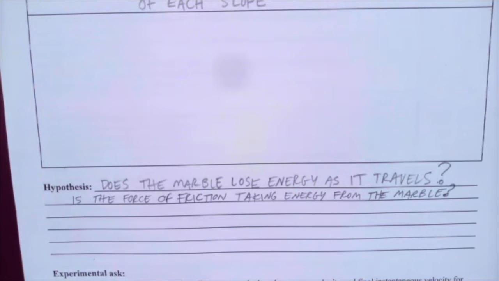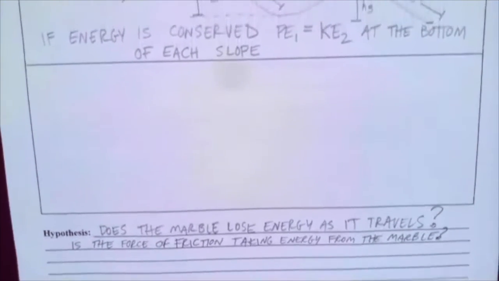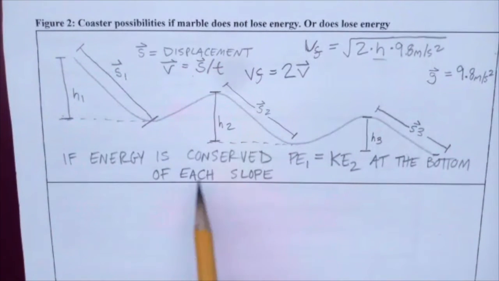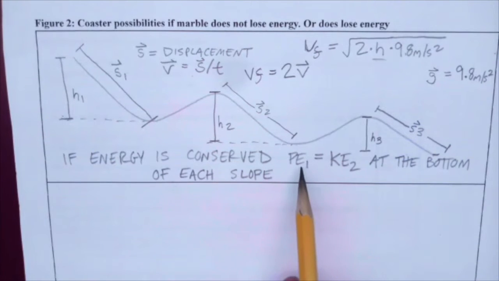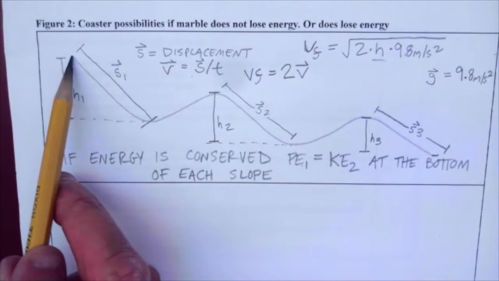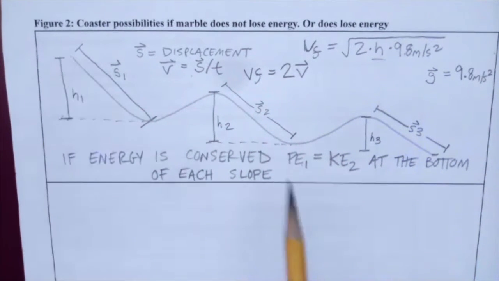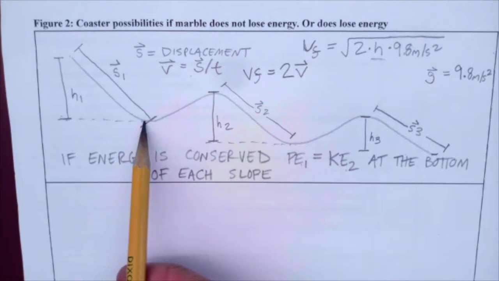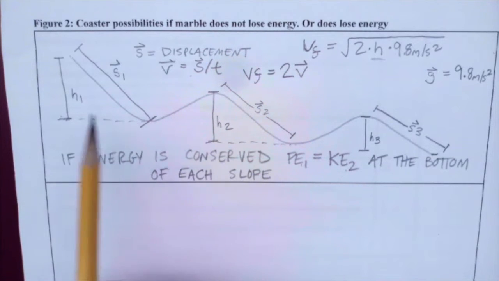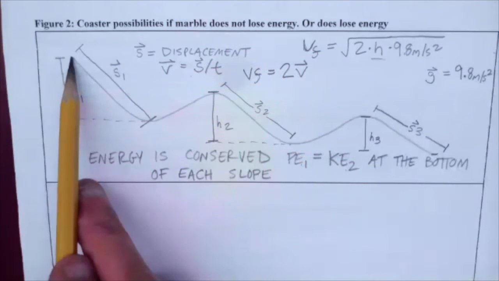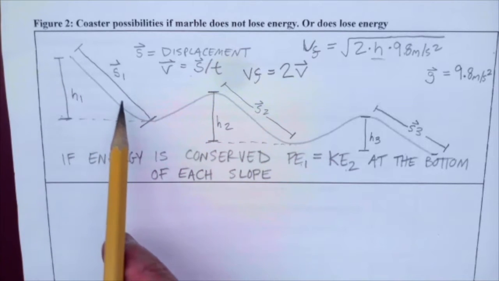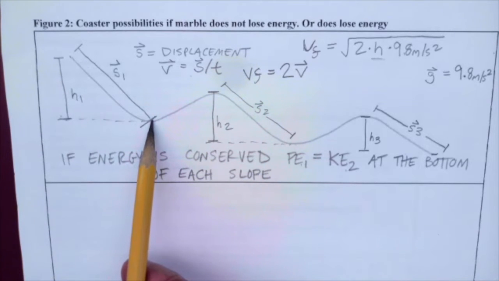Now remember from last class, and I know this energy stuff is all new, if energy is conserved, that is when the potential energy the marble has at the tippity top is going to equal the kinetic energy that the marble has at the very bottom. If energy is not lost at all, the potential energy the marble has at the top is going to equal the kinetic energy the marble has at the bottom.